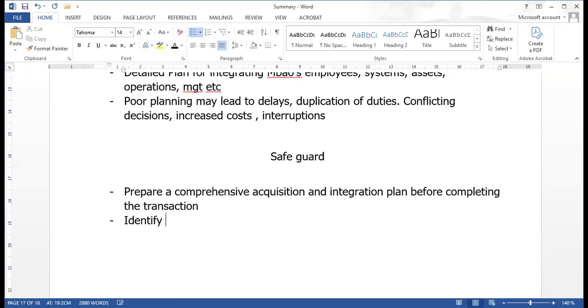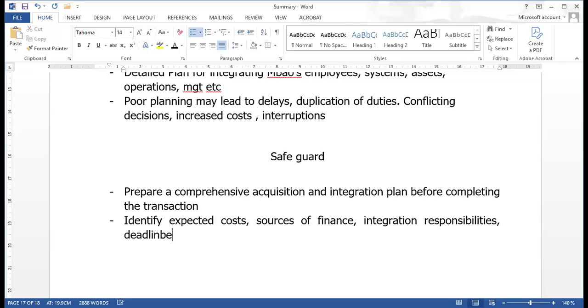Identify the expected costs to be incurred, identify the sources of finance, identify the integration responsibilities, identify the deadlines, implementation deadlines, and then have the performance targets. All these ones you must have. Don't just move anyhow.